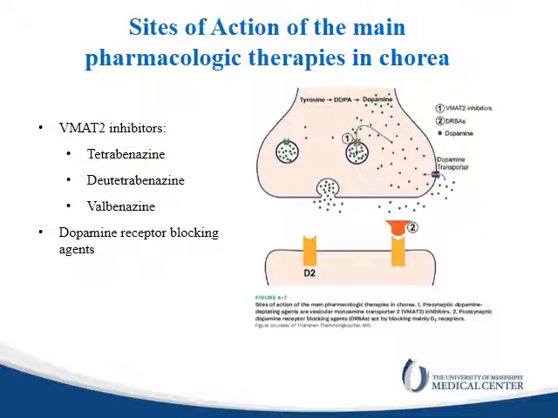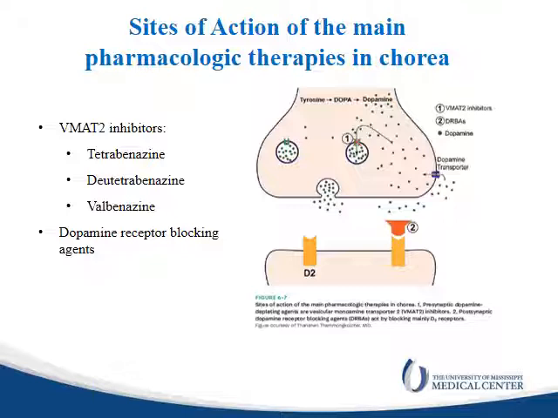This slide explains what VMAT2 and VMAT2 inhibitors are. VMAT stands for vesicular monoamine transporter, and it's a transporter protein located in the presynaptic dopaminergic neuron and nerve endings. Dopamine gets released into the synapse.